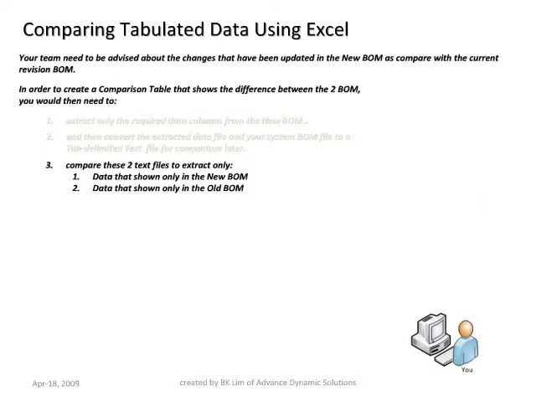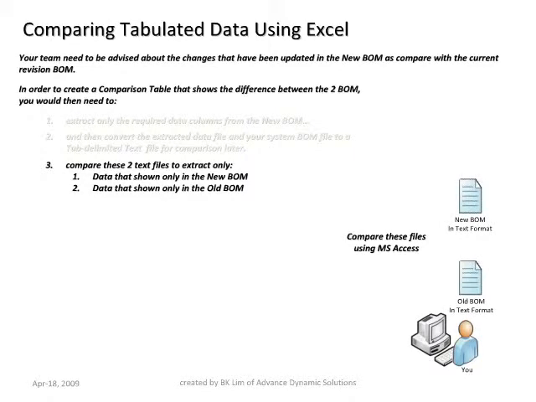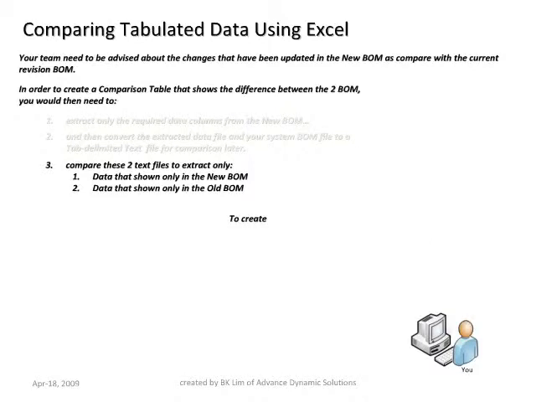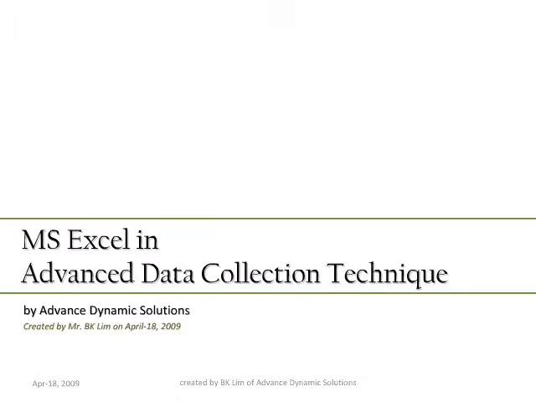You would then need to compare these two text files to extract only data that is shown only in the new BOM, and data that is shown only in the old BOM. That is, compare these files using Microsoft Access, to create a BOM differences comparison list.